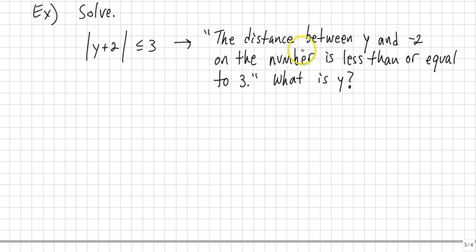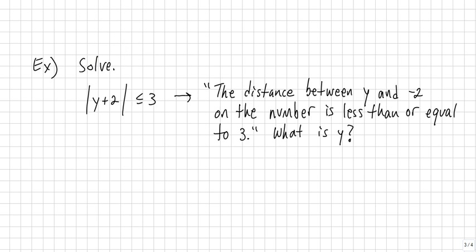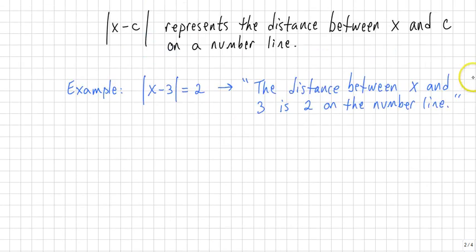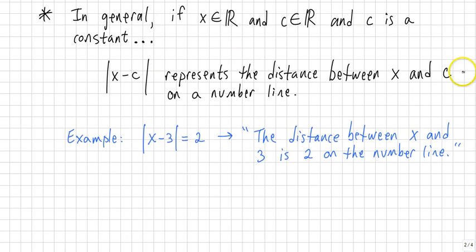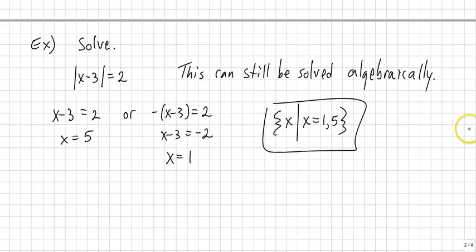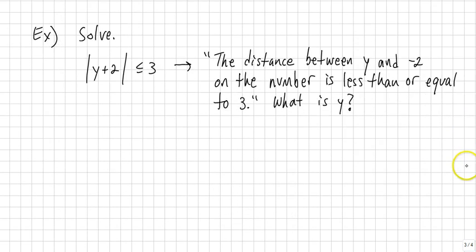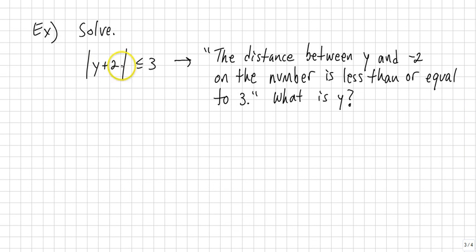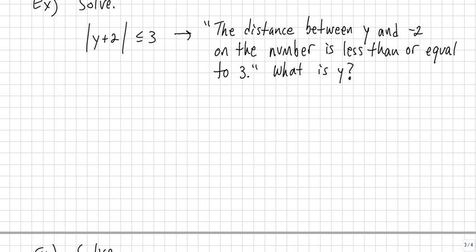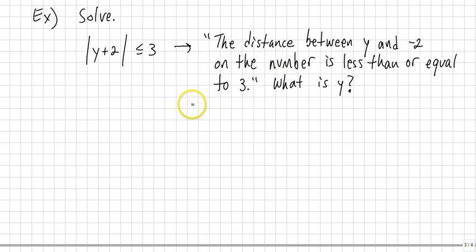Now notice I said it's the distance between y and negative 2. And you might be thinking, well, I don't see a negative 2. So let's remind ourselves. If it's x minus c, that represents the distance between x and c on a number line. But in this example, we don't have y minus anything. I've got y plus 2. So we're just going to have to do a little rewriting.